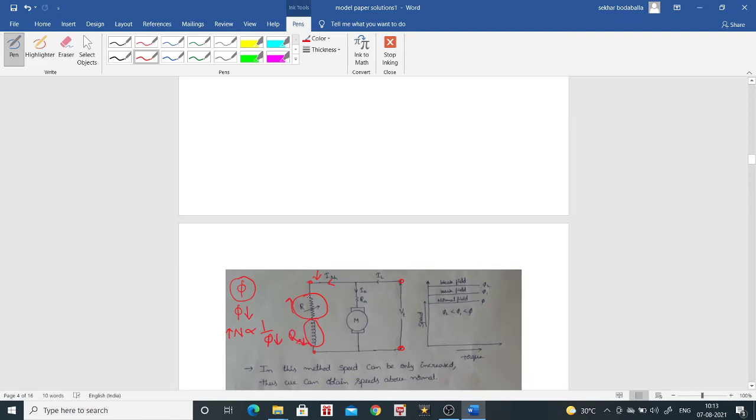Earlier there was no R; we inserted this variable resistance R. So ISH is VT by RSH, and based on ISH the flux will change. If ISH is constant, flux is also constant. To change the flux, we have inserted a variable resistance R, whose value we can change.